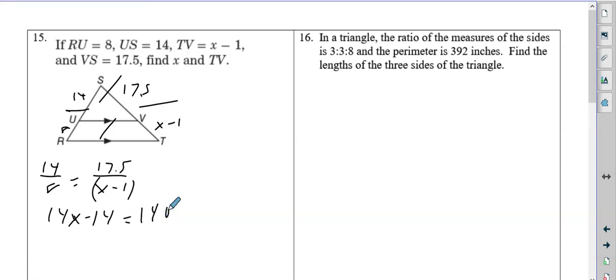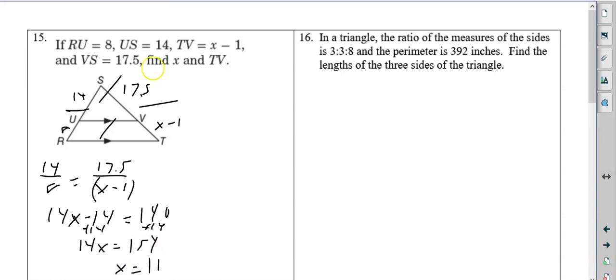Going to subtract 14. Sorry, add 14. Silly me. Which is 154. And when I divide by 14, I get x equals 11.